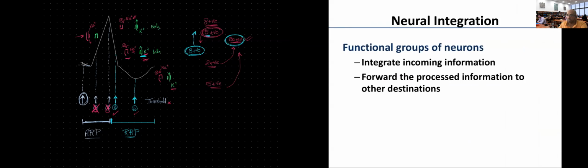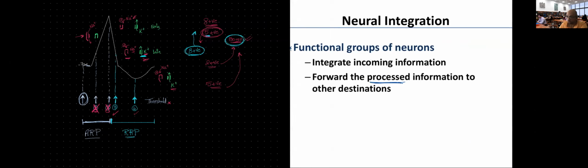How do we integrate those nerve cells together? We integrate the nerve cells in functional groups that will allow us to process the information and to conduct the signals that got processed to other destinations.